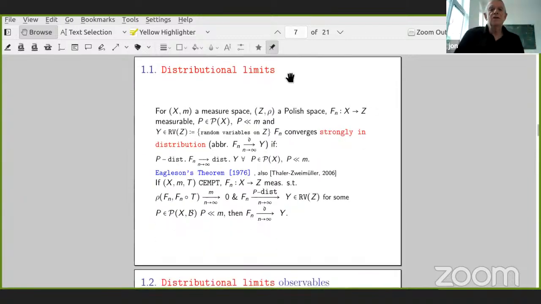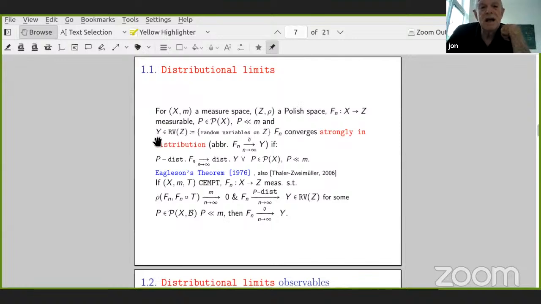So first topic, I want to do distributional limits. So we have a measure space, and we have a Polish space. And we have measurable observables, if you want, from X into Z. And we take P, a probability on X, which is absolutely continuous with respect to the measure. So all my measure spaces are going to be standard, so they're Polish spaces with some sigma-finite Borel measure.